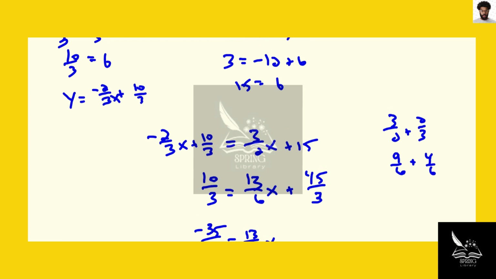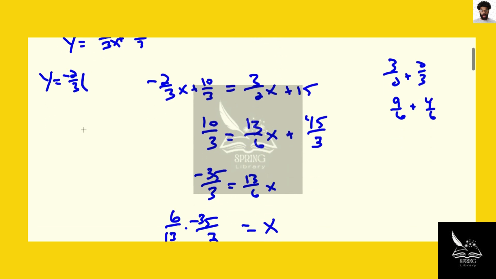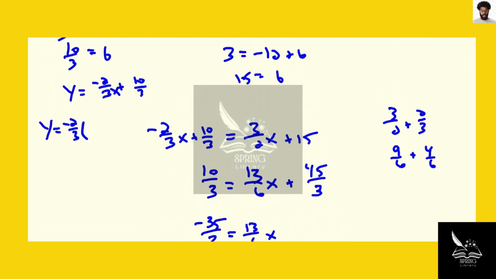I'll go y equals negative 2/3 times negative 70/13 plus 10/3. I'm using the calculator here.